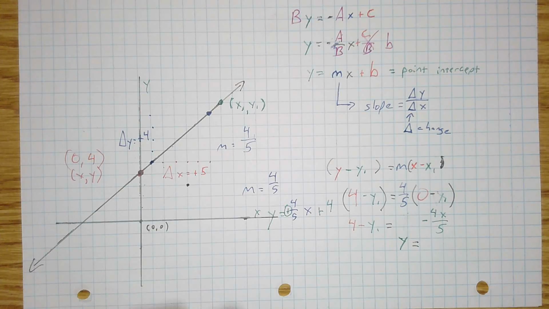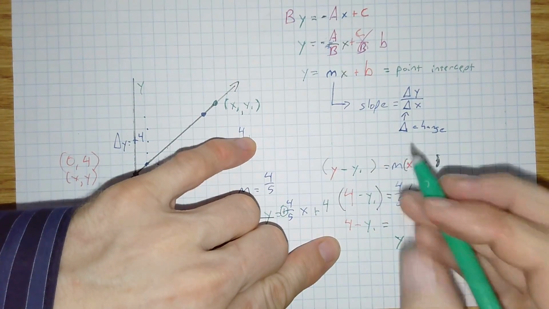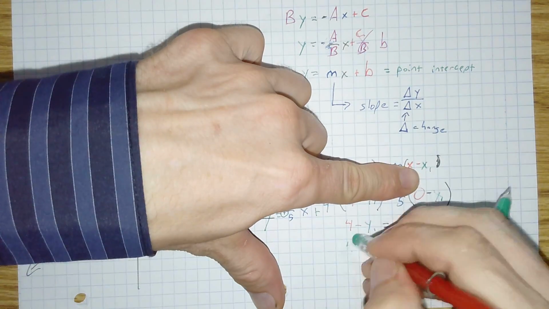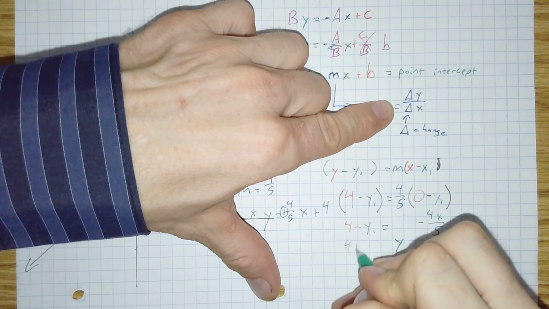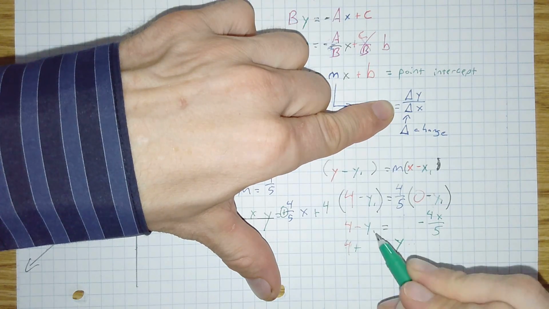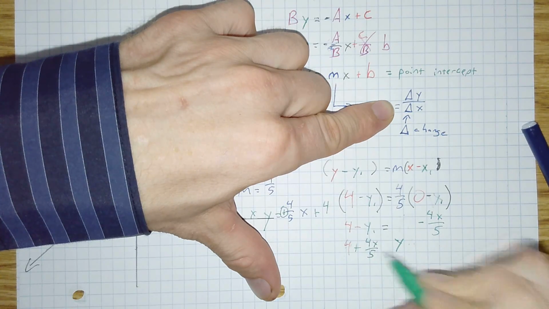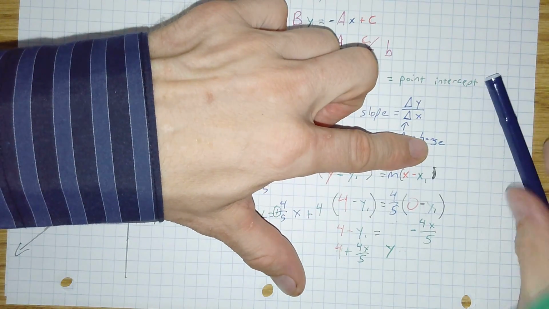Yeah, that's going to be confusing for you guys. So I'm going to say y equals 4 plus. Let's keep the numbers the same color. 4 plus, and then this is going to come over here, become plus 4x over 5, or 4/5 x.